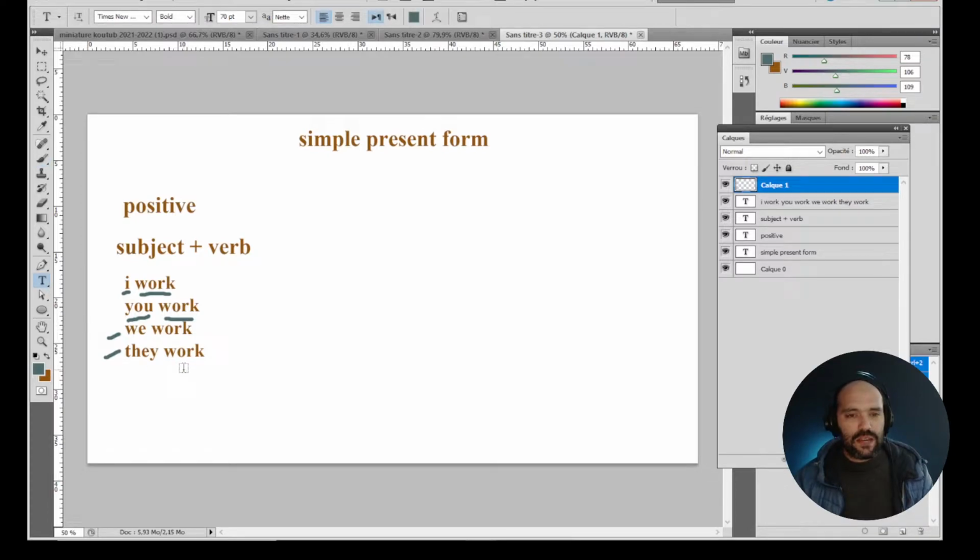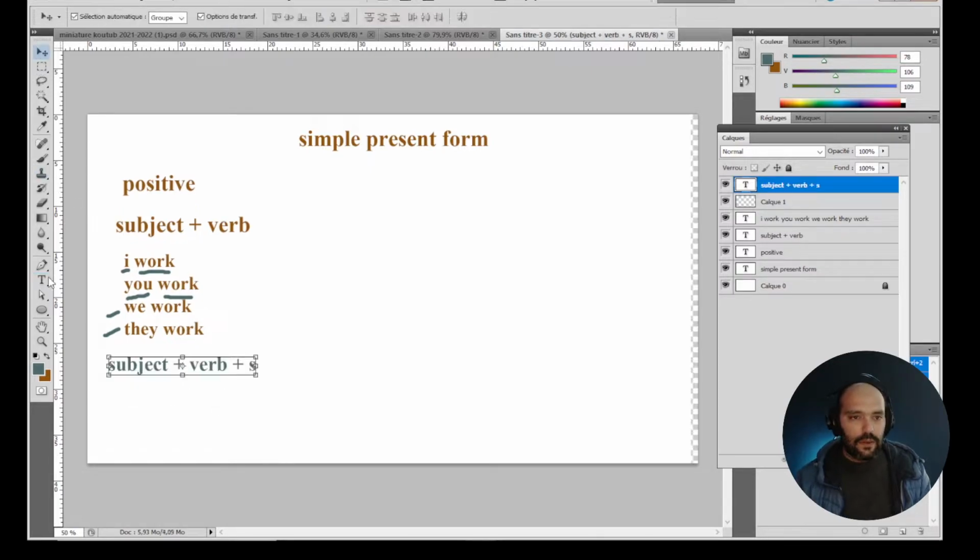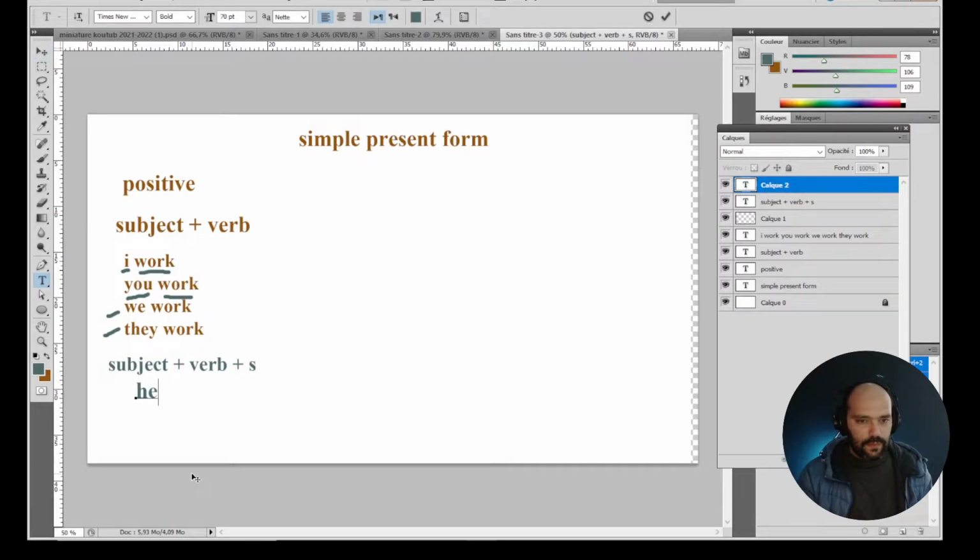But we have some change in pronoun he, she, it. We form like this: subject plus verb plus s. He works. She works.